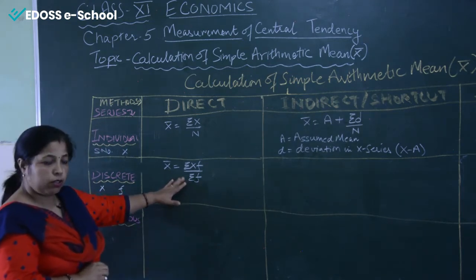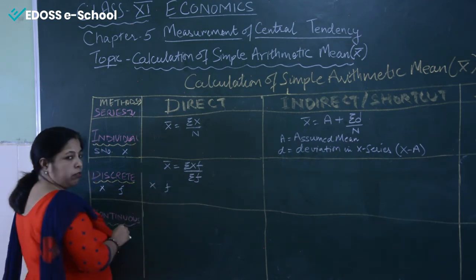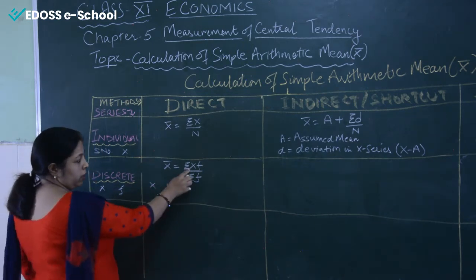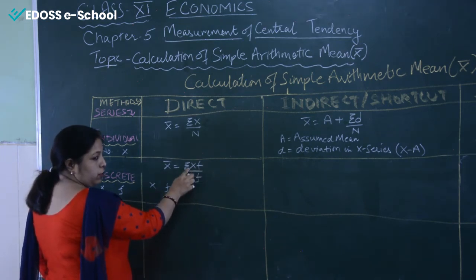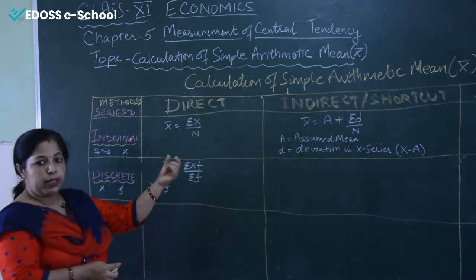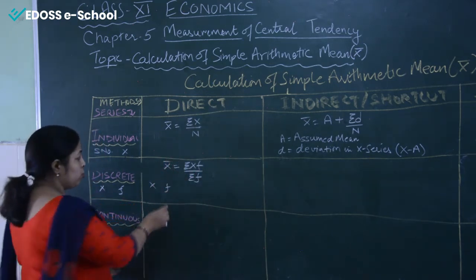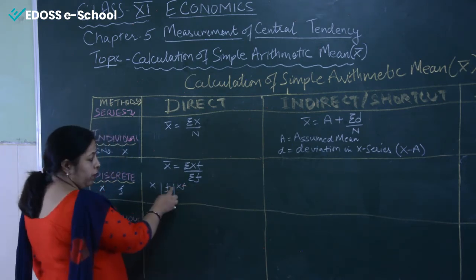Understood? Clear? Now I am telling it here only. X and F are given to you. What is here? That is summation XF. Summation means total of X and F. So X and F, when we write together, it means X into F. So here we will make the column for X into F. How will we get it?